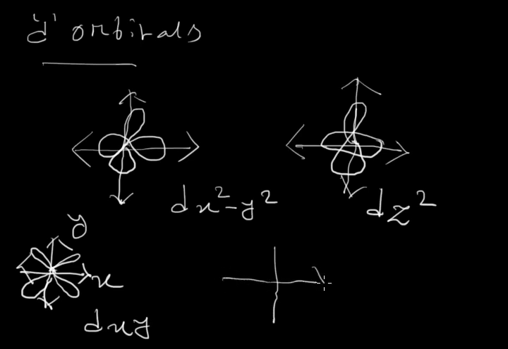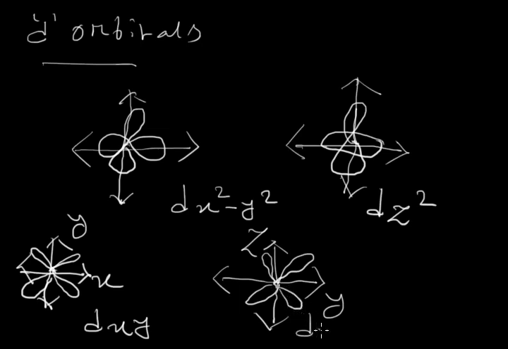Similarly, if it is in between the y and z axes, it is called dyz. And if it is in between the x and z axes, it is called dxz.